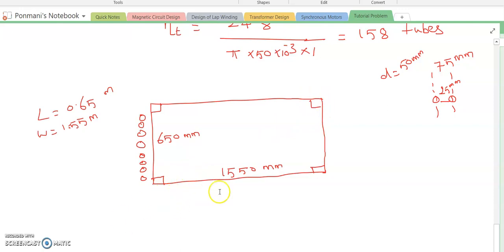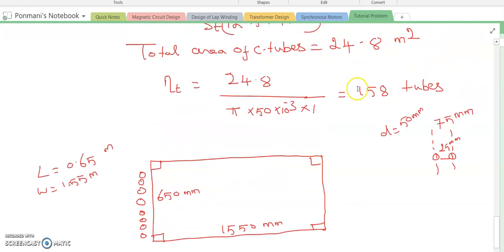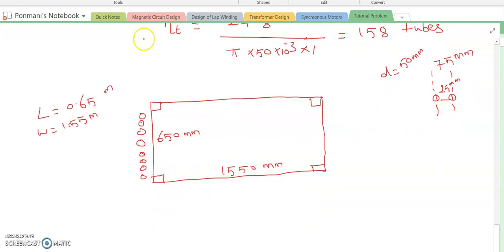So based upon this 1550 mm, out of these 158 tubes, if you arrange in this fashion, that is, between center of the tube to center of the tube the distance is 75 mm, then if you arrange 10 tubes, that will occupy 750 mm. 750 mm for 10 tubes.